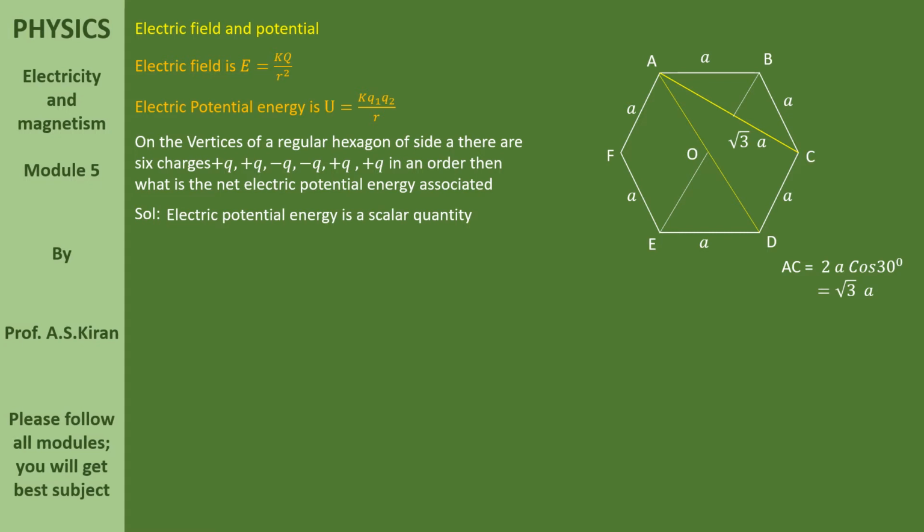That is the center of the hexagon, O. If you observe the triangle EOD, it is an equilateral triangle. So every side is A here. So OD is A. Similarly, OA is A. Finally, AD length is 2A.